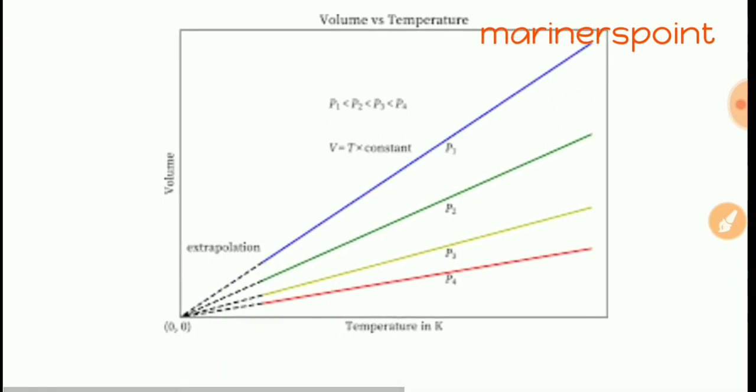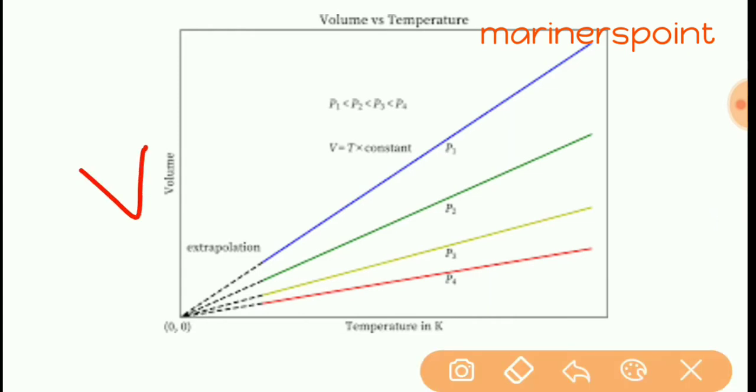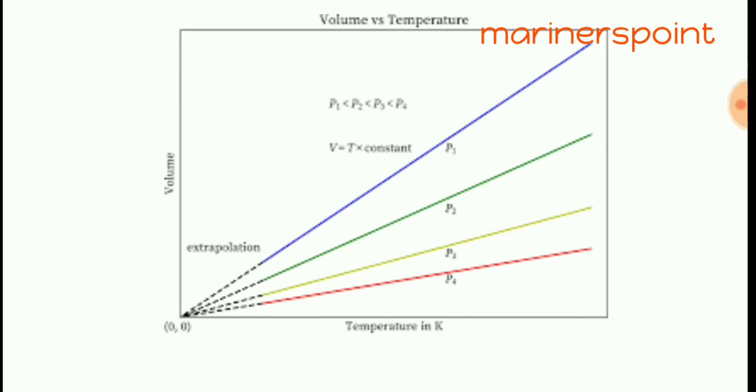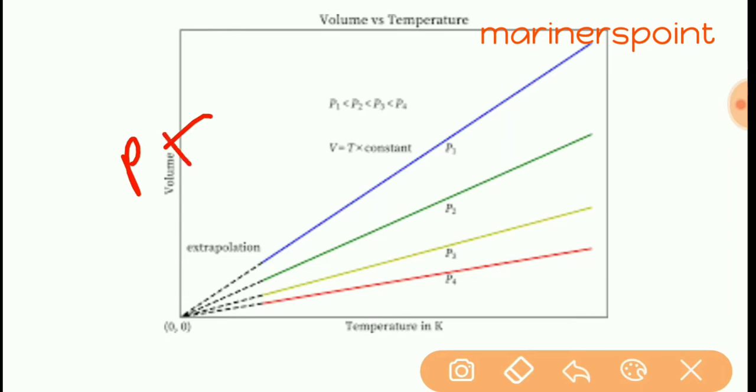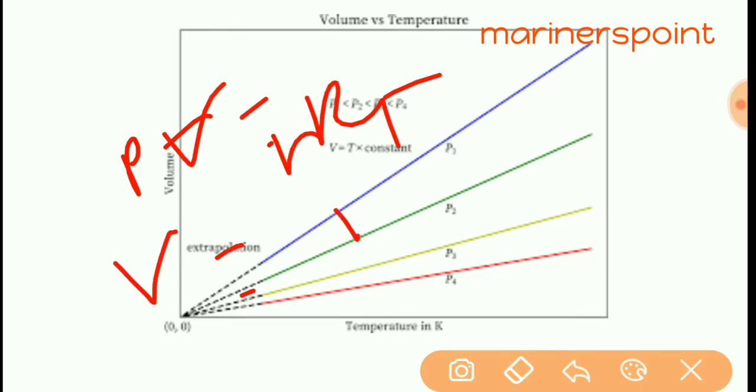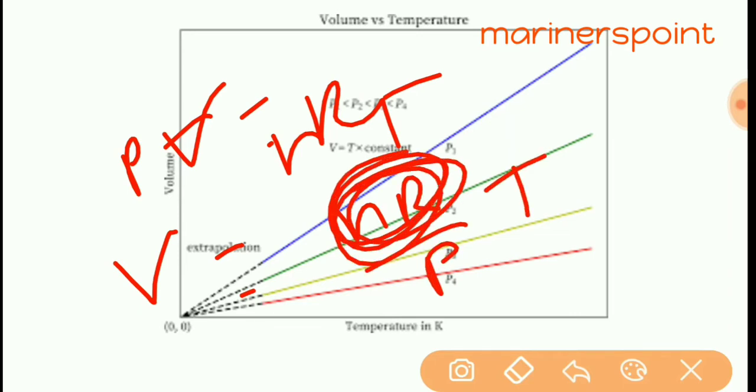Now if you are given two or three graphs and you have to identify which has more pressure, we know that V by T equal to nR by P, from PV is equal to nRT. Let us assume nR is constant.